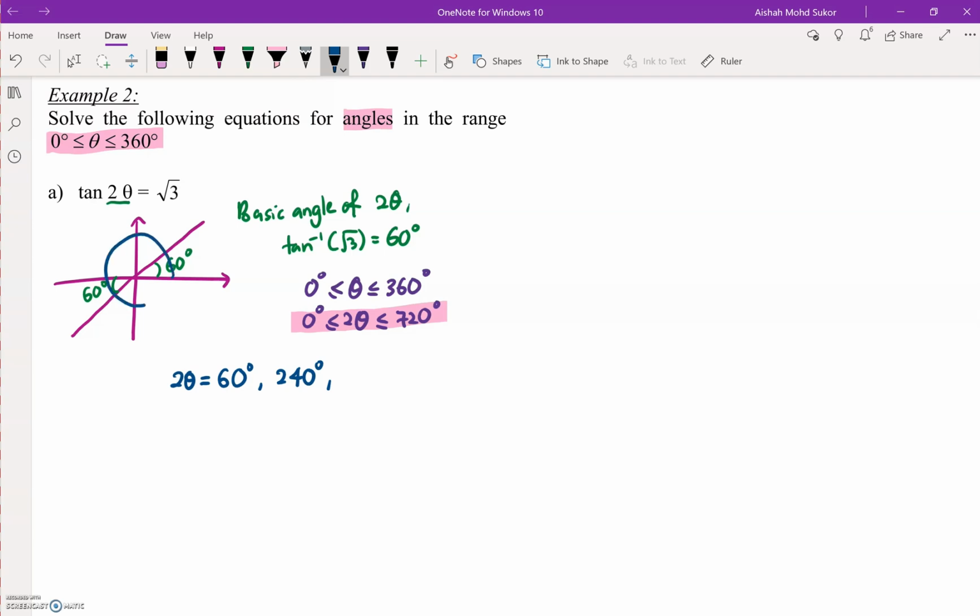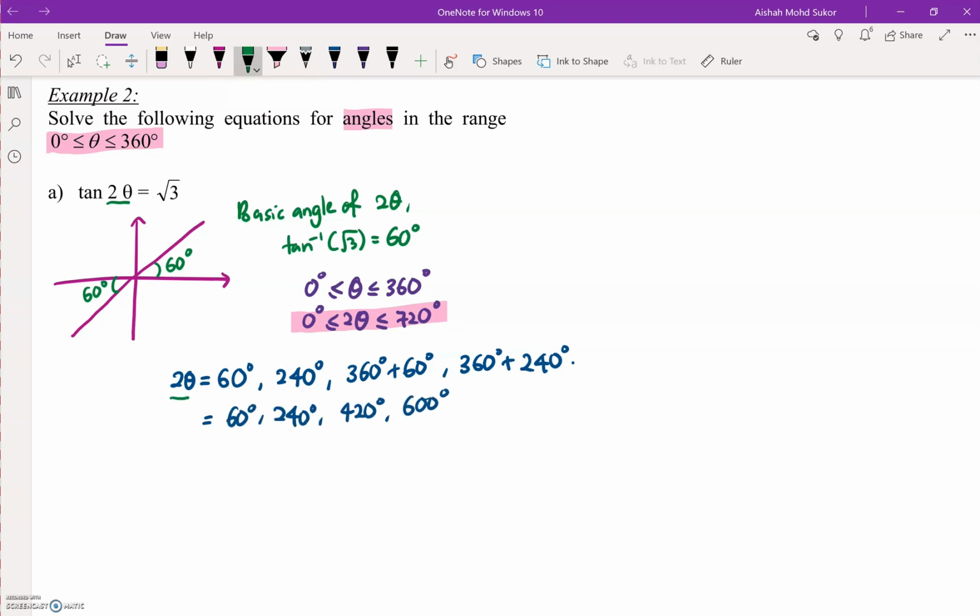So this is our first cycle and we stop here. So this is 360 plus 60 degrees. And one more is 360 plus 240 degrees. You cannot get another angle because the angle will be greater than 720. So we have 4 angles here.